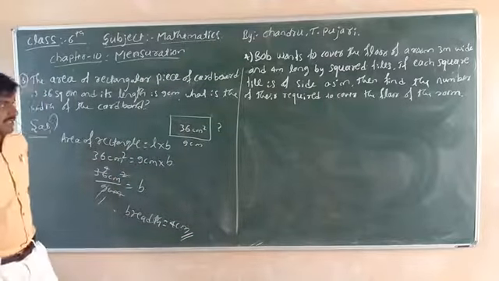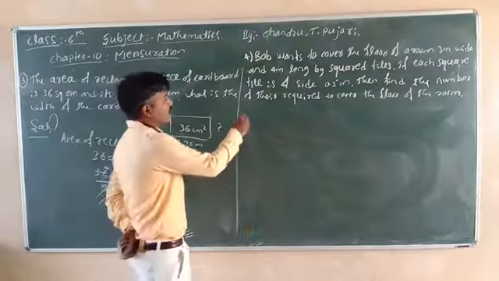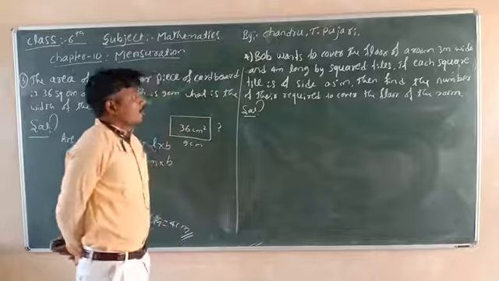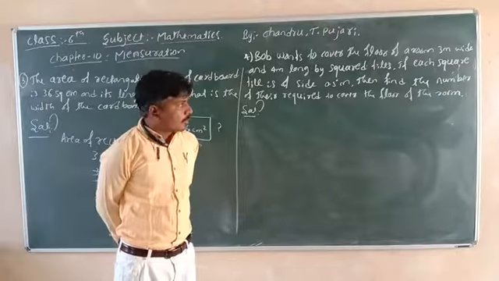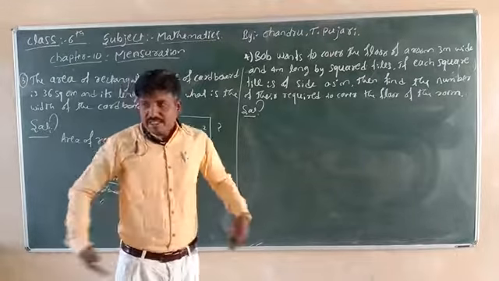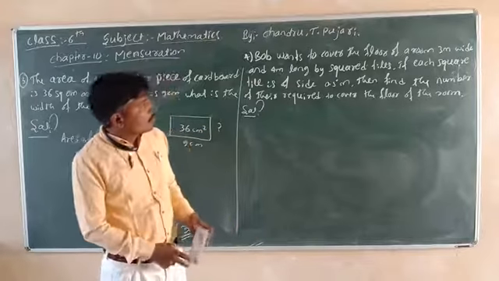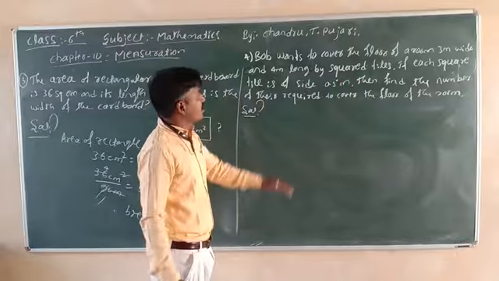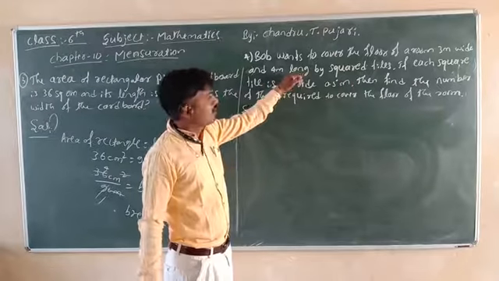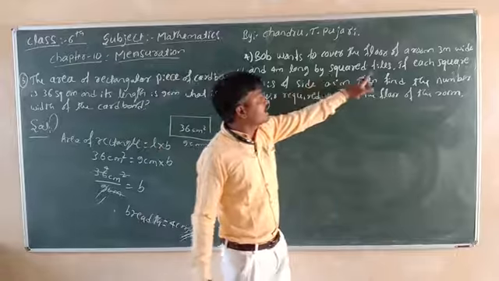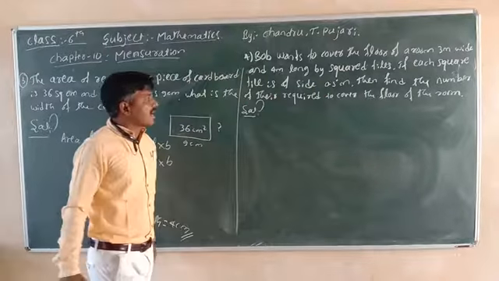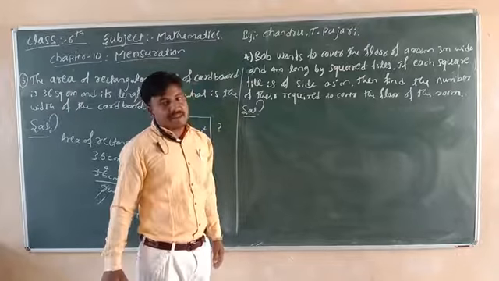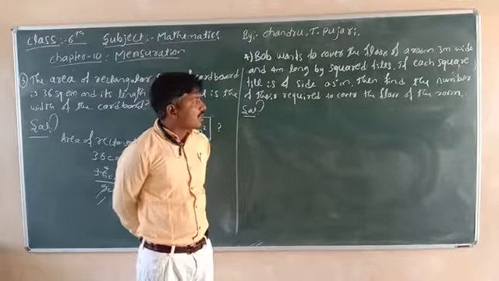In the fourth one: Bob wants to cover the floor of a room. The room is a rectangular room, 3 meter wide and 4 meter long. He covers the room with square tiles. If each square tile's side is 0.5 meter, find the number of tiles required to cover the room.